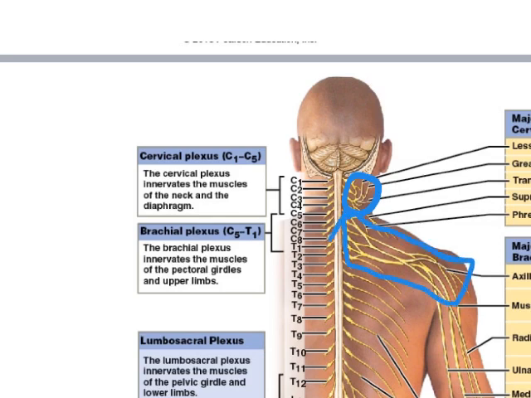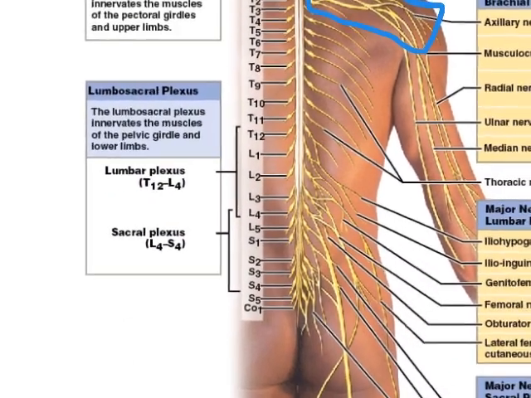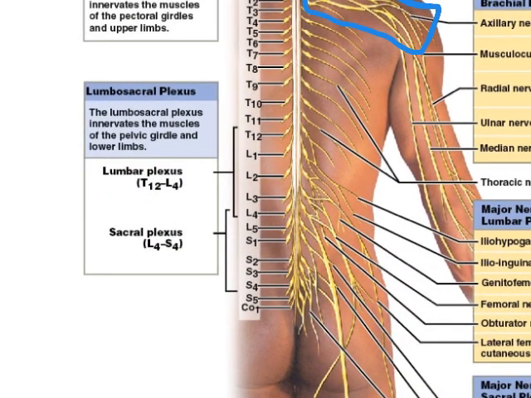You see how it's another network of nerves, all attached and running into each other. And then lastly, we have the lumbosacral plexus beginning from here down, and you can see again that network of nerves. So we'll take a look at each of these individually, and you will have to start learning now some of the names of these individual peripheral nerves.